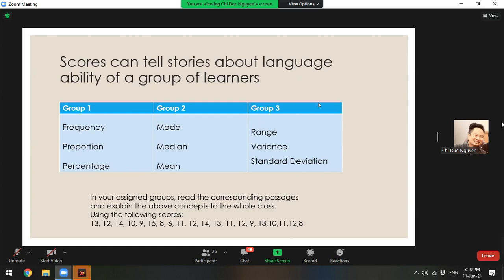Why do we need to have this? Now, another application of these indices. For example, in this semester, I am going to experiment with a new method, or to be more precise, a new teaching method.